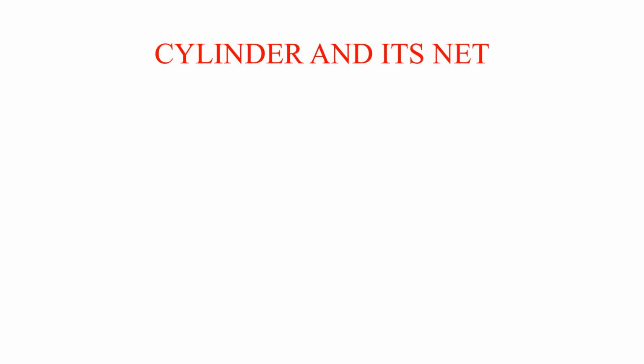A cylinder has two circular bases and a curved surface. We need to ask ourselves, if we unfold a cylinder, what do we get? And for me to make a cylinder, what do I need? As we are going to see.